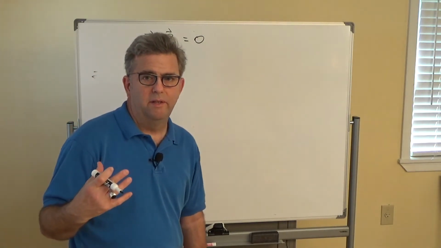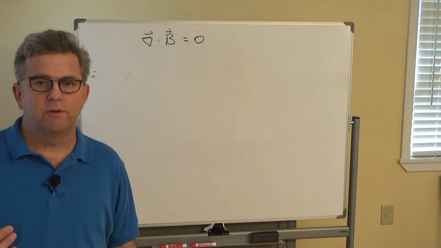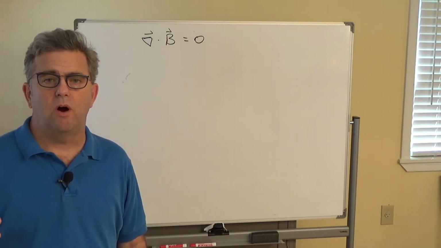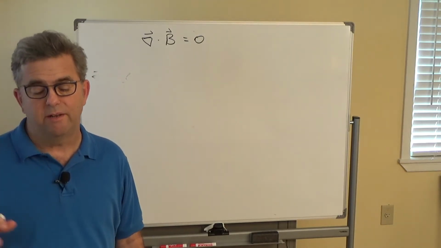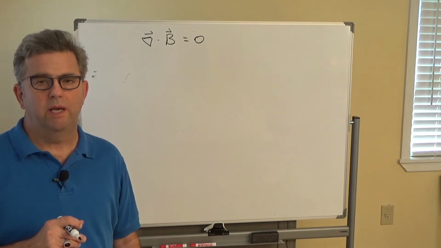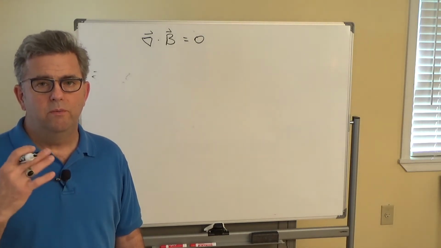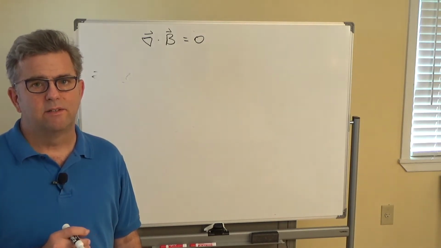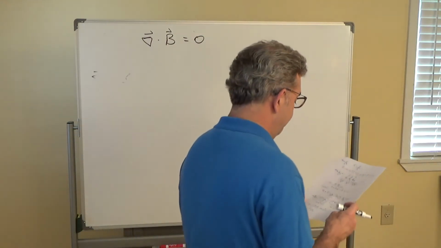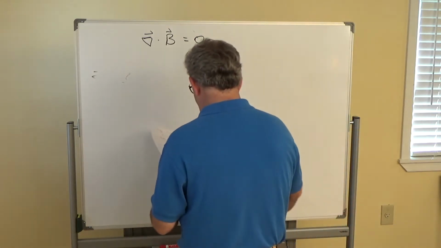This is the divergence of the magnetic field. You know that magnetic field lines are always closed loops, so it's a divergence-less field. Let's look at the curl.